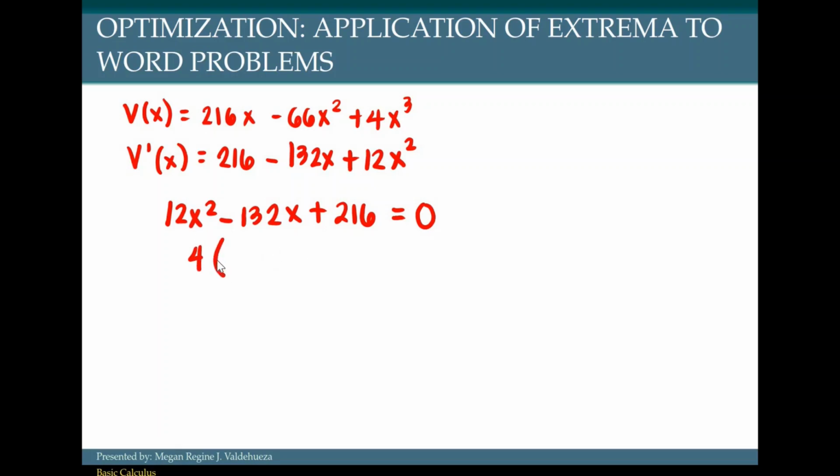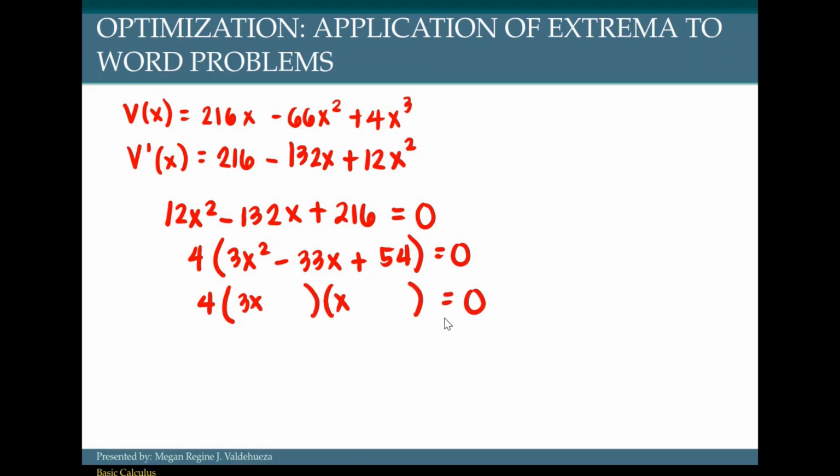So 12 divided by 4, we have 3x squared minus 132 divided by 4, that is 33x, plus 216 divided by 4, that is 54, equal to 0. So we further factor this. We have 4 times, we have 3x and x equal to 0.